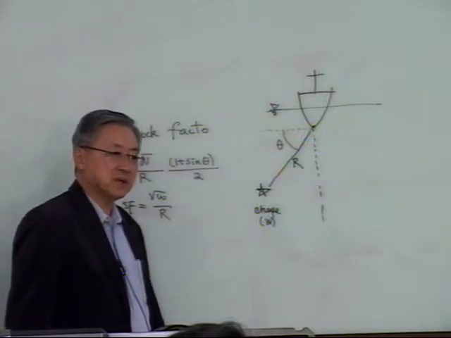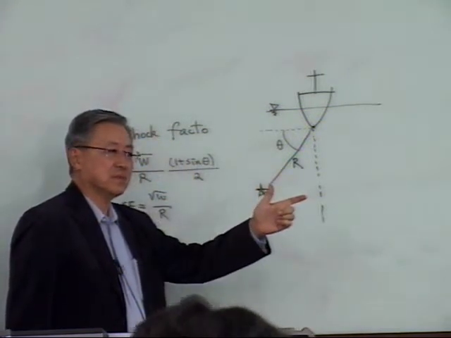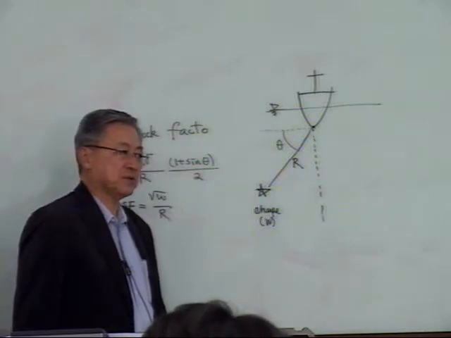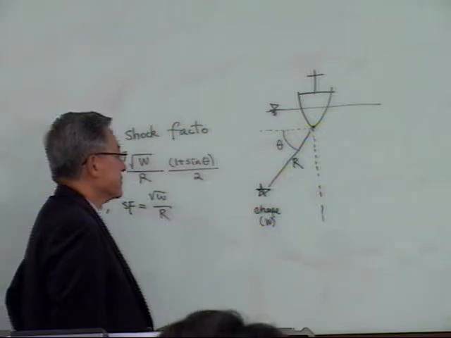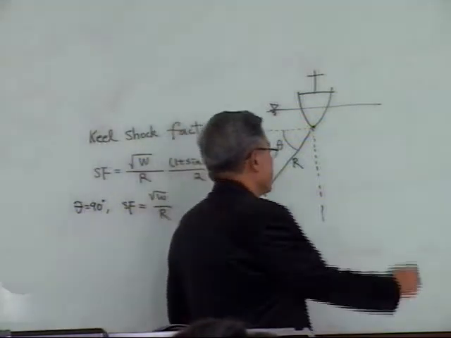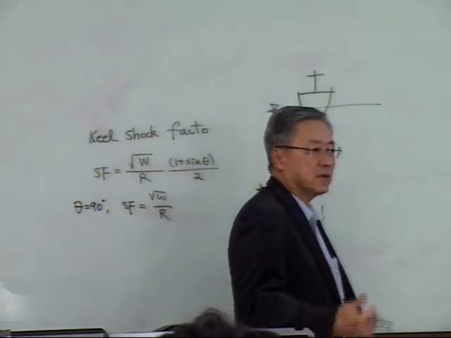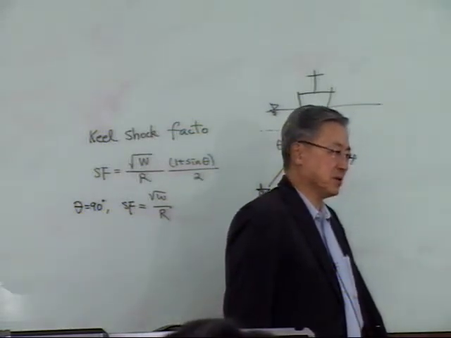The US has done a lot of experiments. This is just a general rule of thumb. Otherwise, it's all in the classified domain, which I can't talk about. So for equipment, the rough range is about 0.3 for the shock factor.